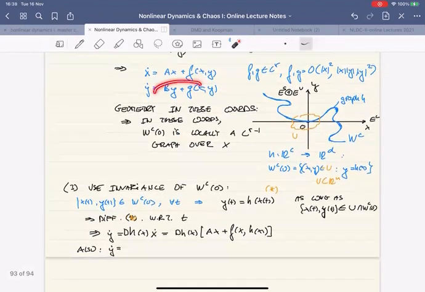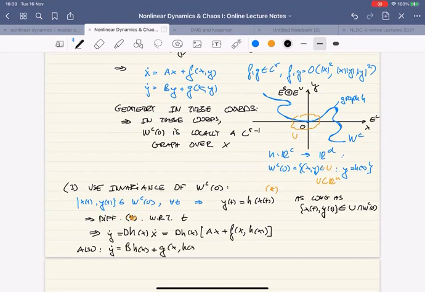So look what I write then. I start from here, and whenever I see y, I plug in h of x. That brings me to B times, and now comes h of x, plus g(x, h(x)). Good. So why is this good? Because now I have two equal representations for the same object involving both equations.